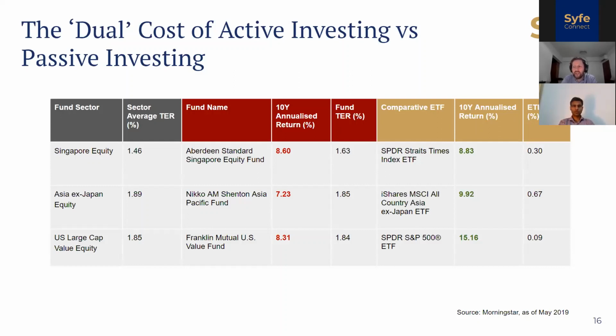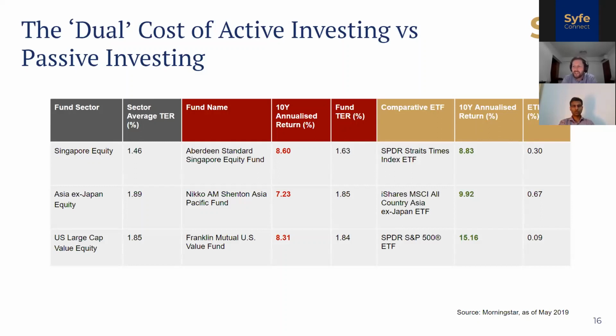So on top of that, you've also got this dual cost element happening at the same time, which is this notion of underperformance. Nikko underperformed against the index, which in this case was the iShares MSCI All Country Asia ex-Japan, and the index itself produced 9.92%.